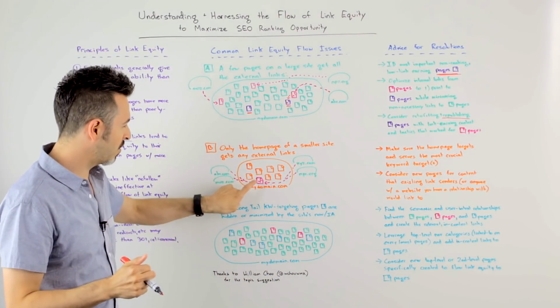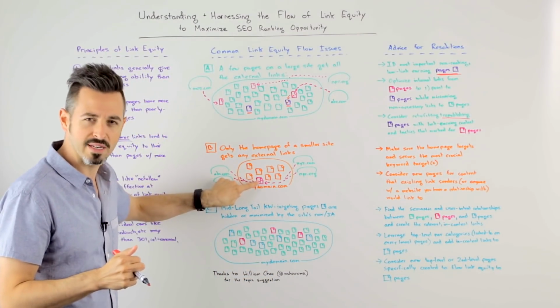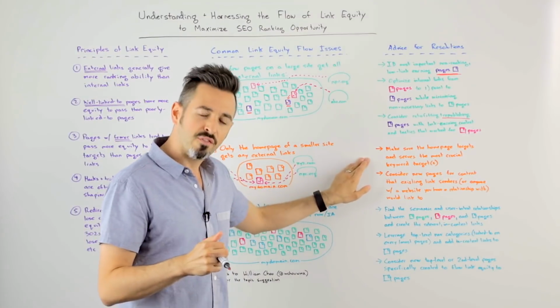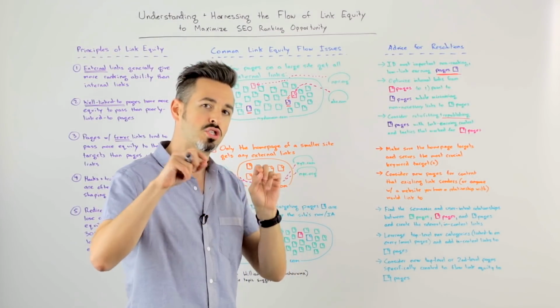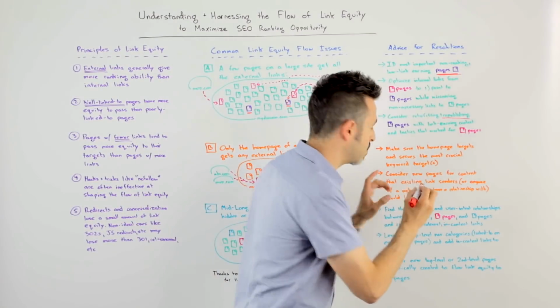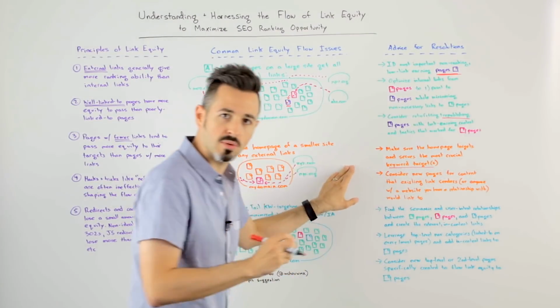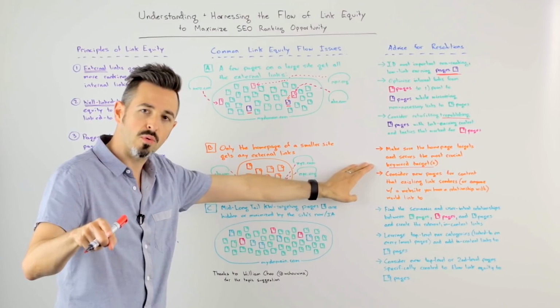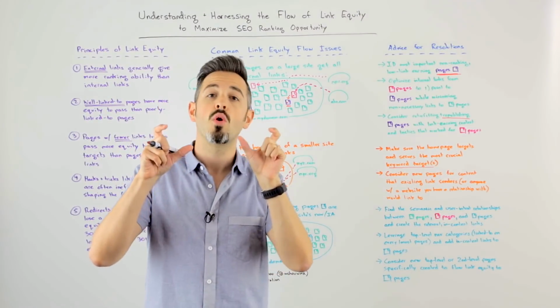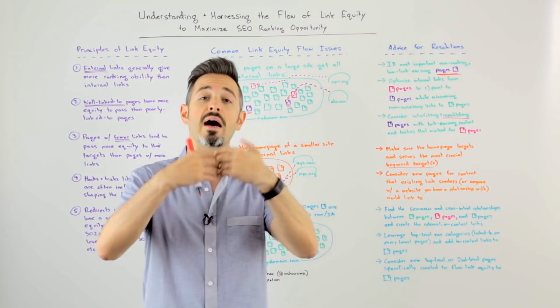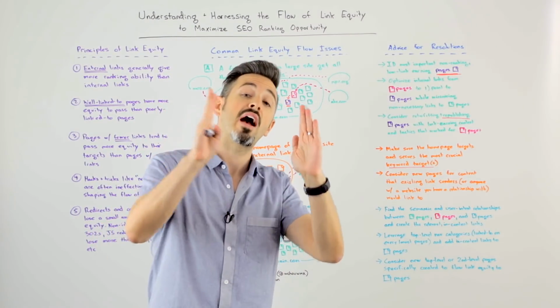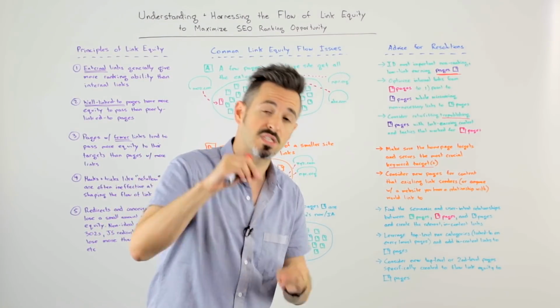And so, in this case where the pink link earner is the homepage, there are 2 things we can do. First off, make sure that the homepage is targeting and serves the most critical keyword targets, right? So we have some keyword targets that we know we want to go after. If there's one phrase in particular that's very important, rather than having the homepage target our brand, we could consider having the homepage target that specific query.